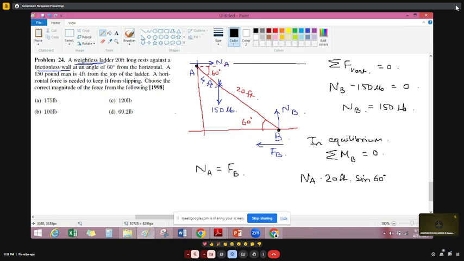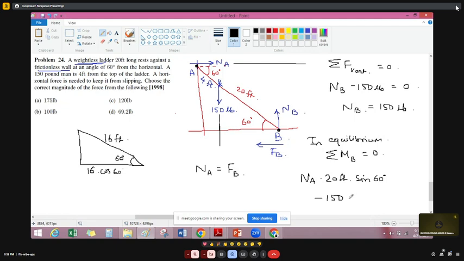So this is clockwise, this is anti-clockwise. That means minus 150 into this distance. This is 4 feet, so this must be 16 feet. That means this will be 16 multiplied by cos 60.